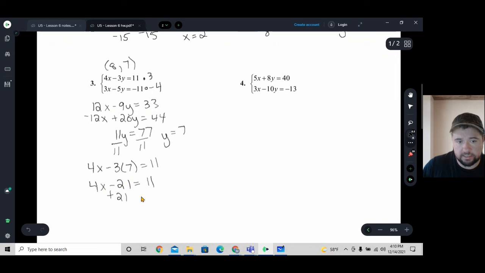Add 21 to both sides. 4x equals 32. Divide by 4, x equals 8.